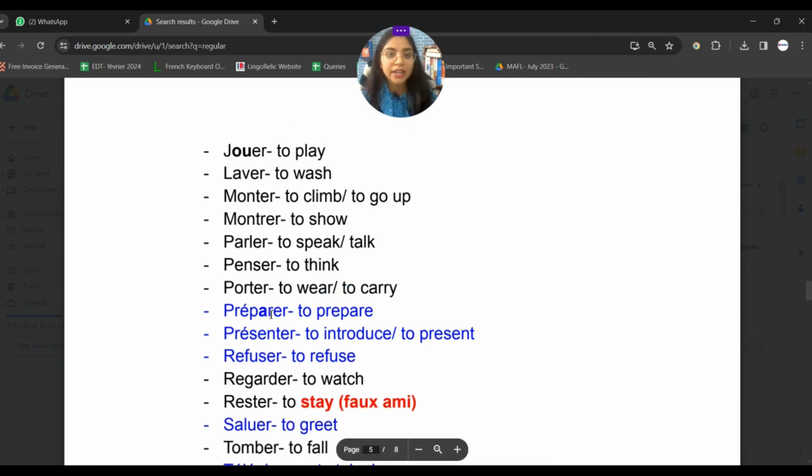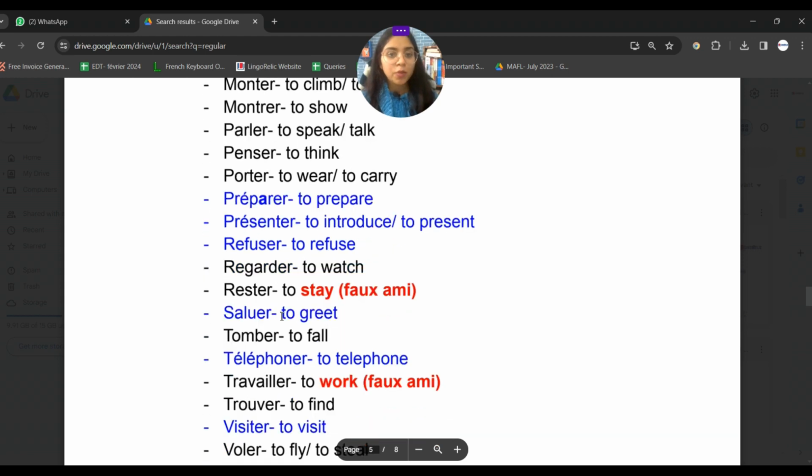So you have jouer, that means to play. Jouer, jouer. Laver, laver, to wash. Monter, monter, to climb or to go up. Montrer, montrer, to show. Parler, parler, to speak or to talk. Penser, penser, to think.